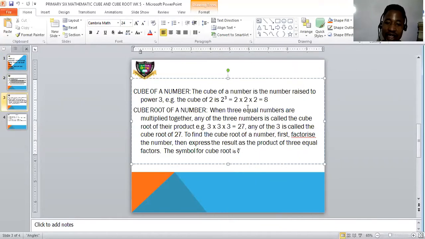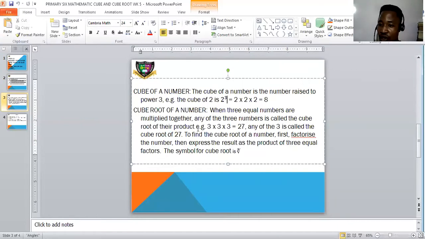Now, having said that, let's go to cube root of a number. We have talked about cube of a number. The cube of a number is the number raised to power 3, which is that number multiplying itself 3 times. So the product is what we call the cube of that number. Is that clear? Now, cube root. What is cube root of a number? When 3 equal numbers are multiplied together, any of the 3 numbers is called the cube root of their product.